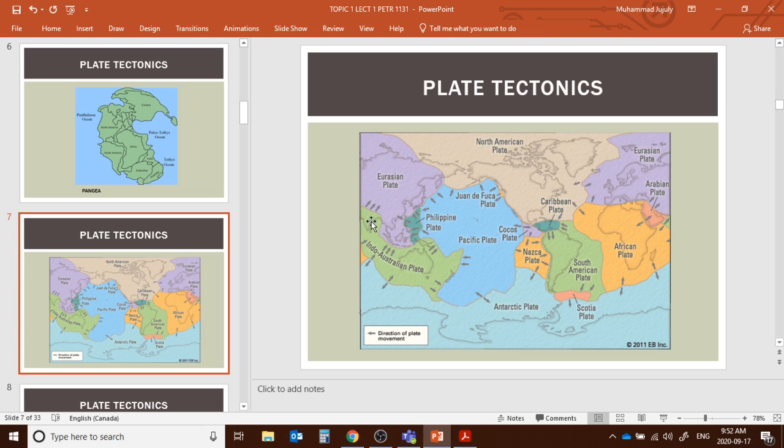Okay, and for instance here the Indian and Australian plate sometimes collide with the Eurasian plate, so that's why Nepal and here Afghanistan and those areas are more prone to the earthquake.